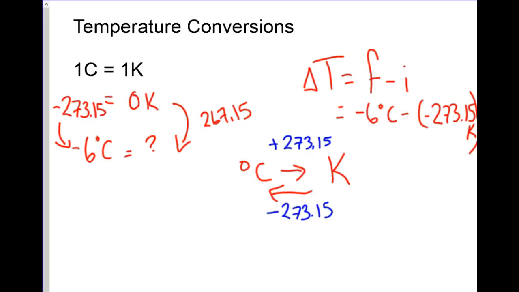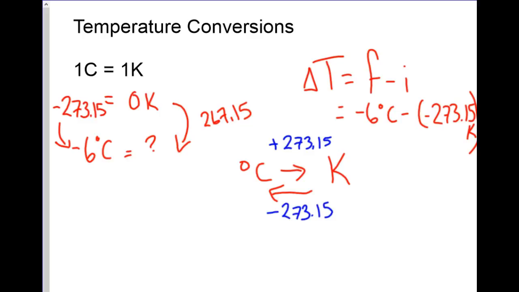However, in a chemistry formula that uses the ideal gas law, which is PV equals nRT, in this case, temperature is going to be expressed in Kelvin.